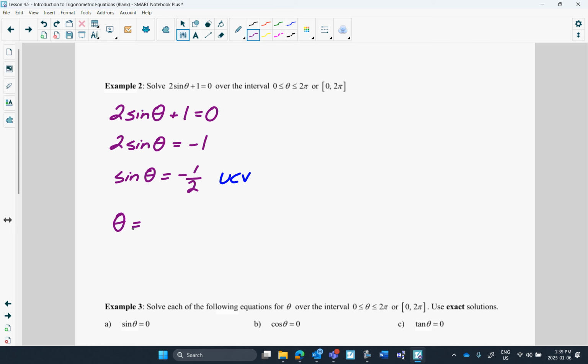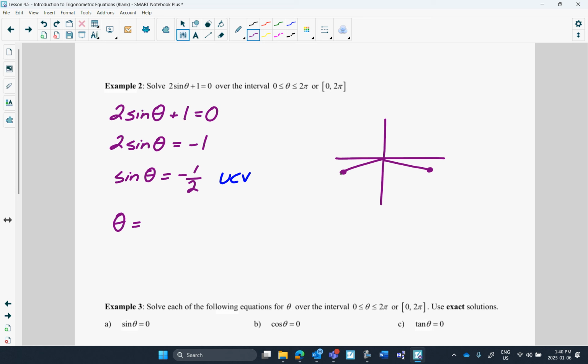So, thinking of my unit circle, I am looking for the points where y, because it's sine, is -1/2. That would be here and here. And those ones close to the x-axis, those are the pi/6s.